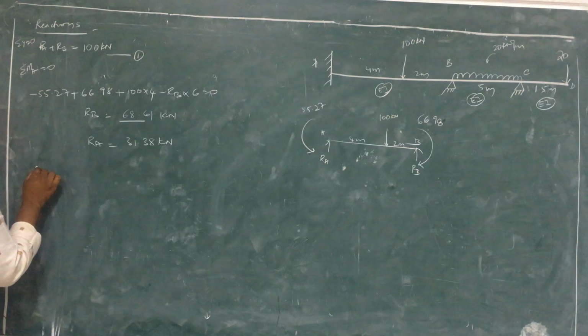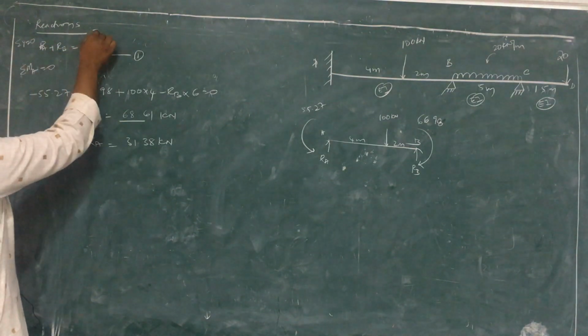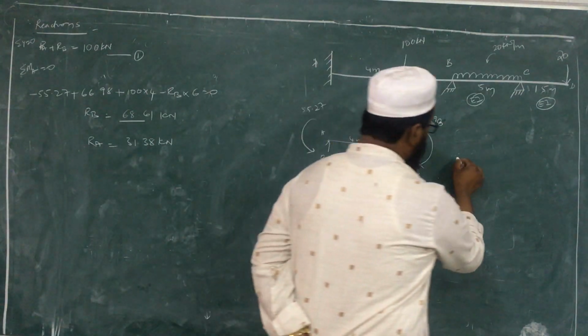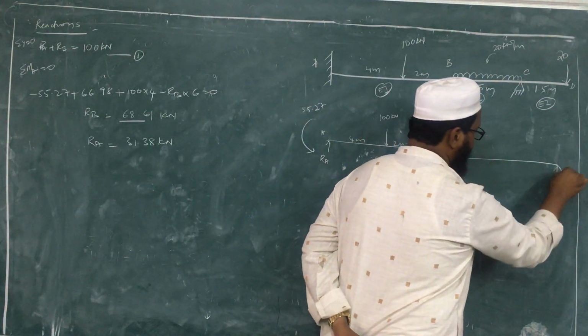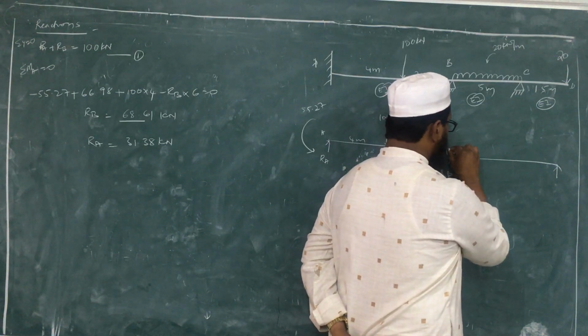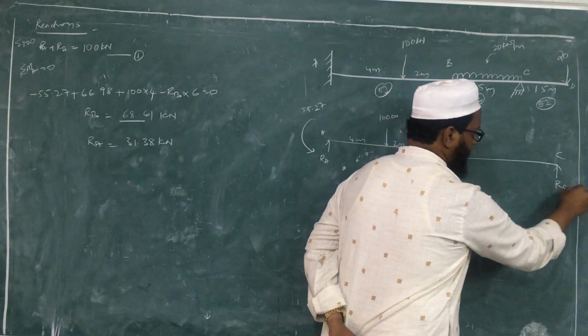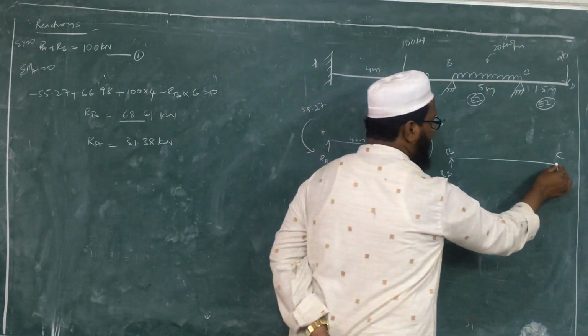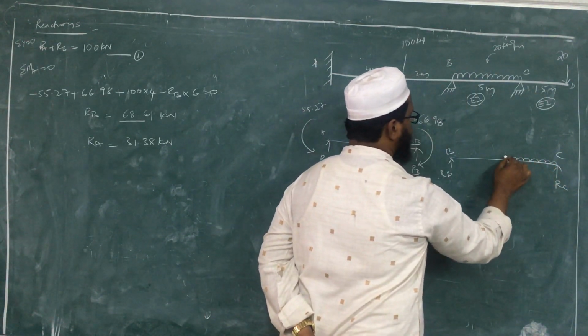Next is span BC. This was for span AB. Now we'll go for span BC. If you draw span BC here, this is B, RB, BC, this is RC, isn't it? We have a UDL over the entire span.